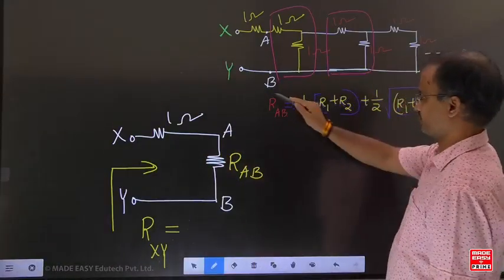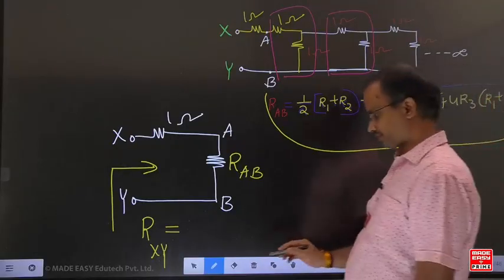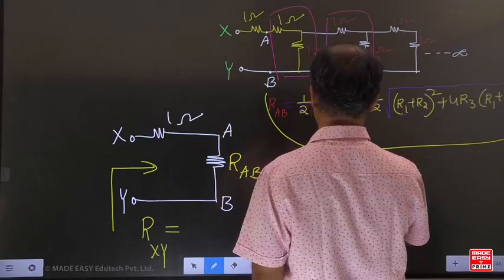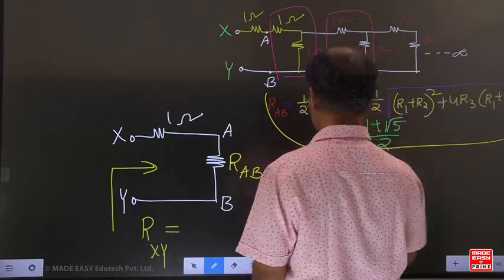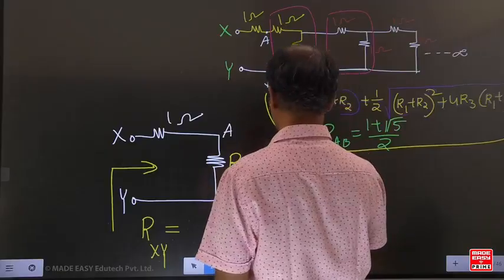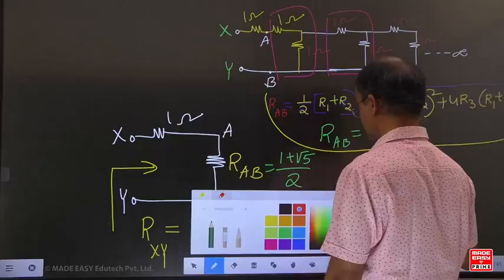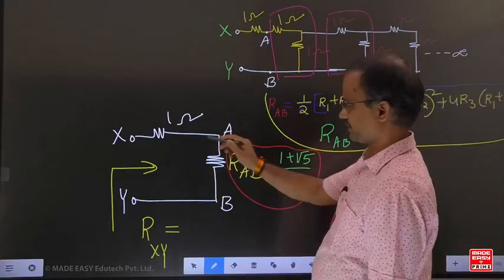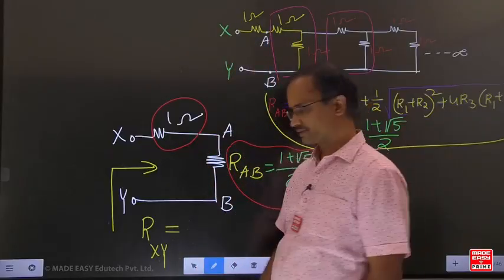देखिए with respect to A and B, with help of this formula, you can find out resistance. Just now we concluded what is the equivalent resistance with respect to A and B. We can write 1 plus root 5 by 2. This entire combination, this A and B and this 1 ohm, दोनों कैसा है जी? सीरीज.